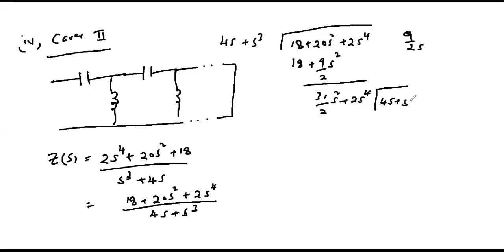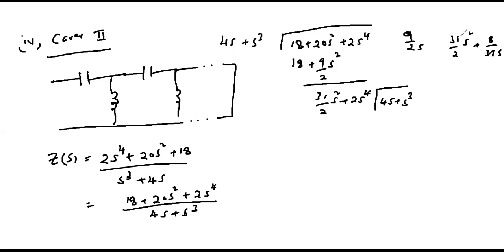We want to get 4s from 31/2 s^2. So if we take 31/2 s^2, we multiply this by 8 over 31s, then we'll get 4s.